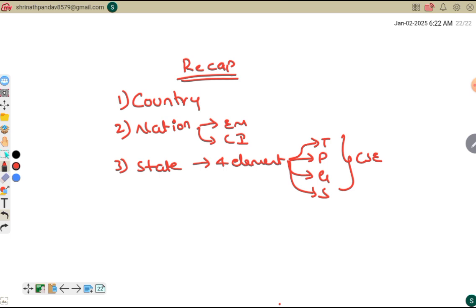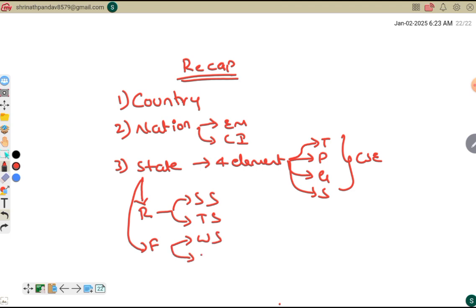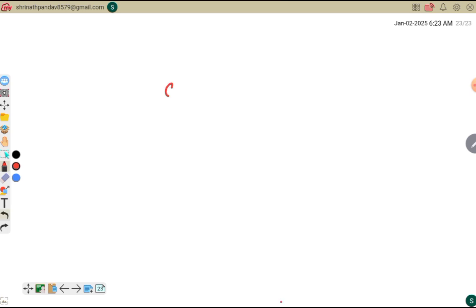Then after the state, we have seen the various classifications of state on the basis of religion. Here we have seen the secular state and theocratic state, and on the basis of functions, here we have seen the welfare state and neoliberal state or capitalistic state. Then we have seen the government, that is the functioning arm of the state.